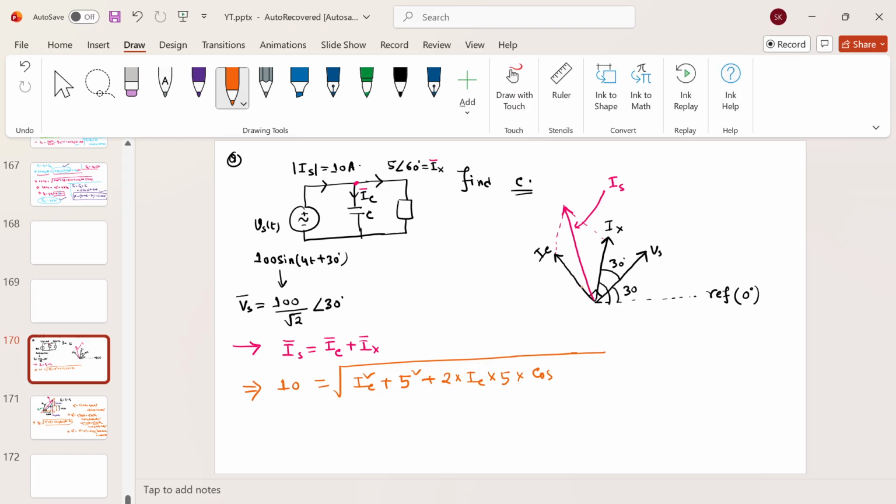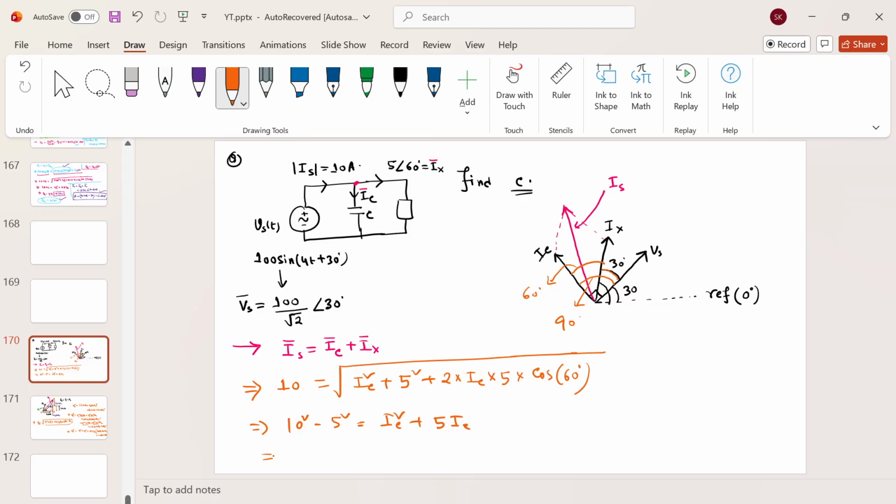So basically this angle was 90 degree, and this angle is 30 degree, so this angle is 60 degree. So cos 60. We can calculate 10 square minus 5 square is equal to IC square plus 10 into cos 60, which is half, right? Cos 60 is half. So 5 IC.